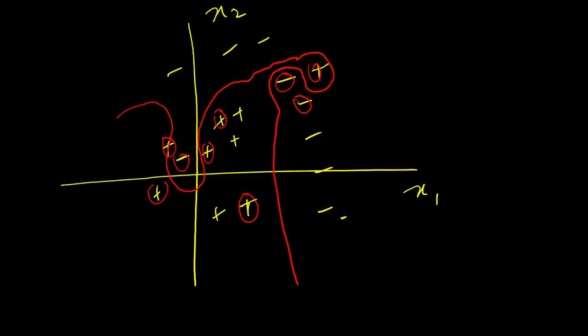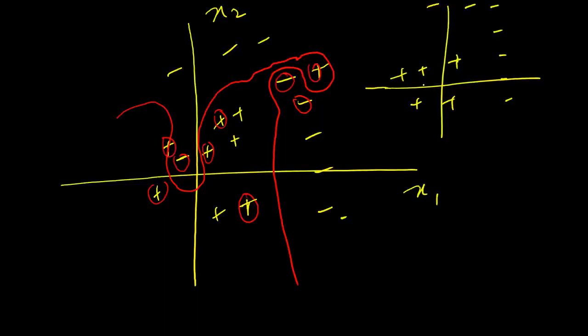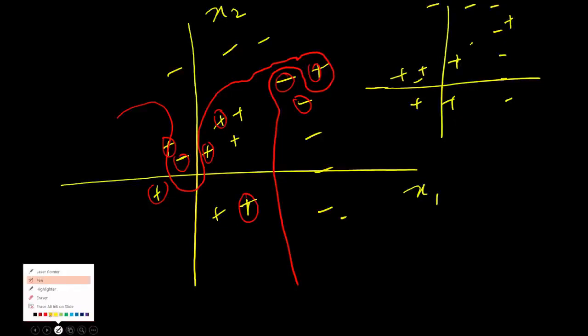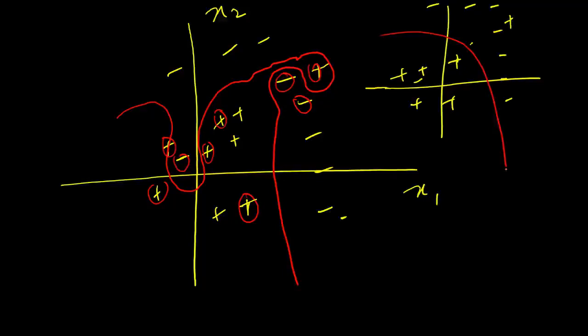On the other hand, if I draw a similar type of points and use a smoother boundary, and let's say this is misclassified and this is misclassified, a smoother boundary might look like this, right? If we just have a smoother boundary like that, we will have fewer support vectors.